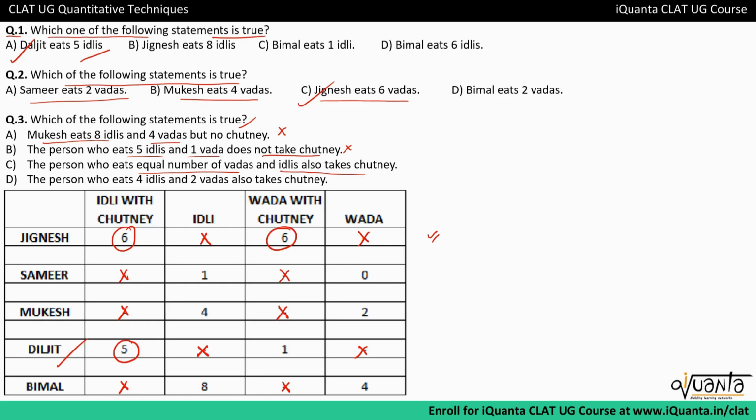Is he taking chutney? Yes, he is eating them with chutney. This will be the correct answer. The last option says the person who eats 4 idlis, 2 vadas also takes chutney. The 4 idli, 2 vada person is Mukesh. He is eating without chutney, so this is wrong. Option C will be the correct answer here.